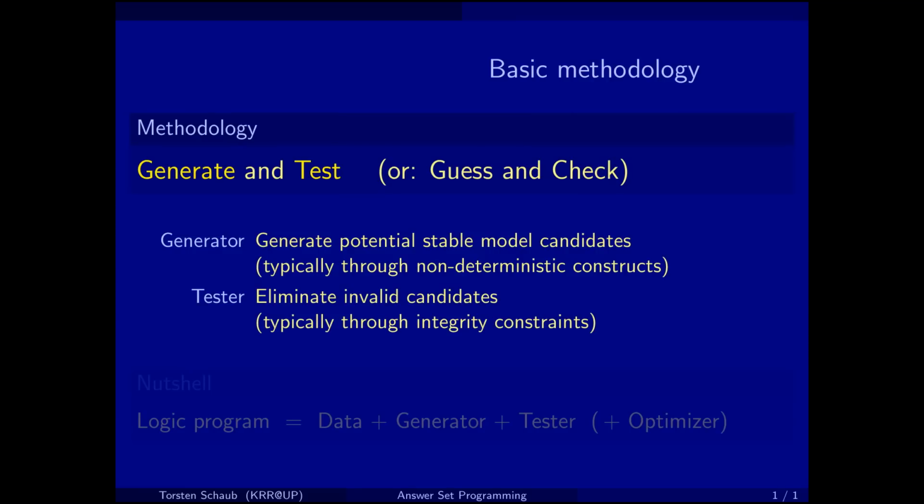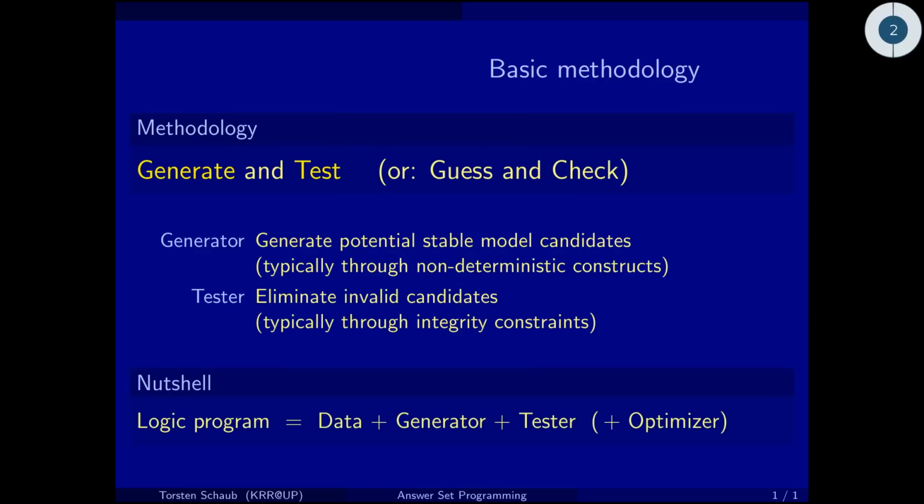The generator is normally implemented by non-deterministic constructs like cardinality constraints, because you want to have a multitude of candidates, and the tester then filters among them and is thus usually implemented by appeal to integrity constraints.